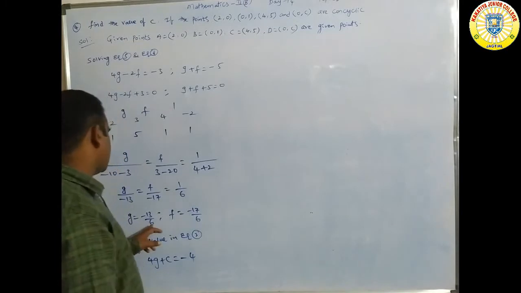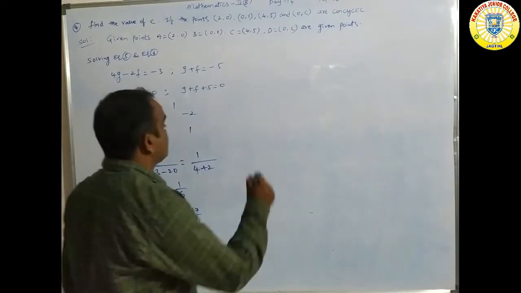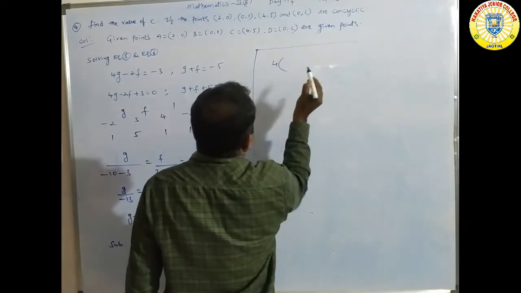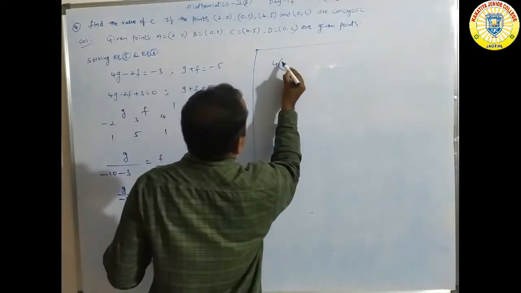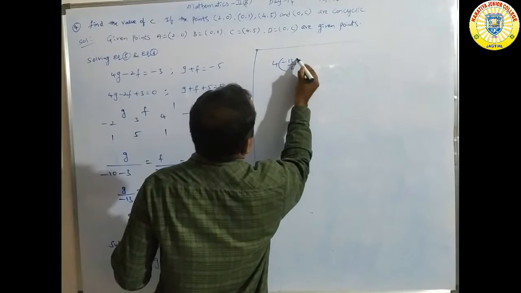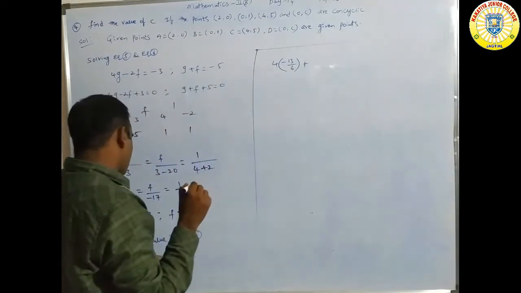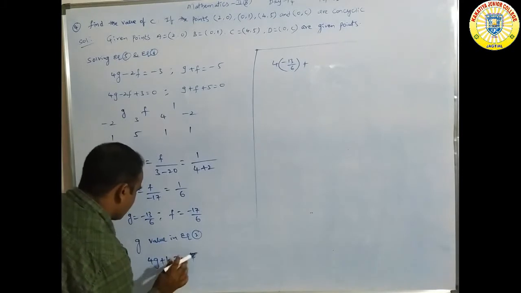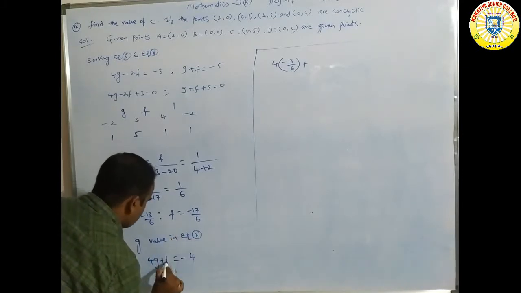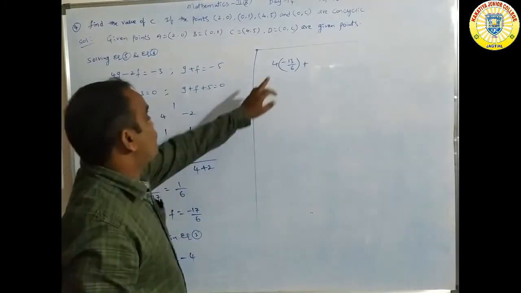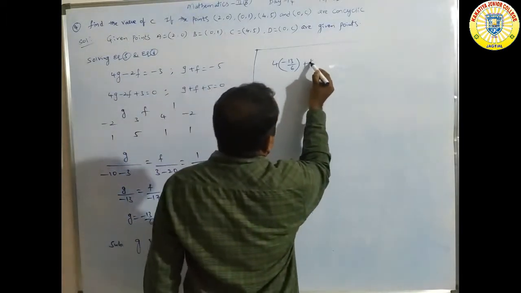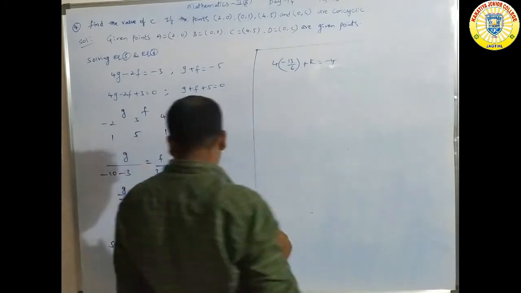Substituting g value in equation 2. G is equal to minus 13 by 6. 4 into g, is equal to minus 13 by 6 plus k is equal to what is the value? Minus 4.